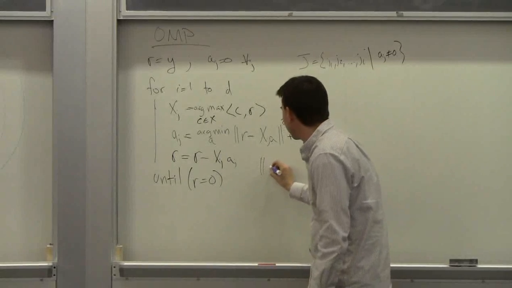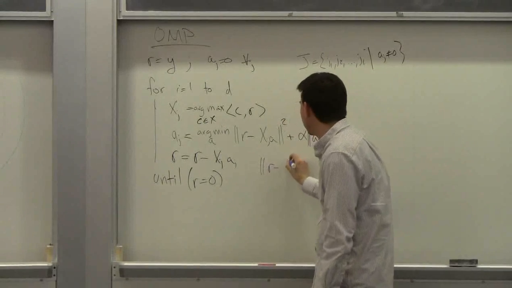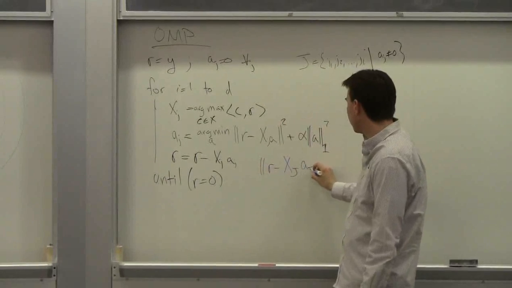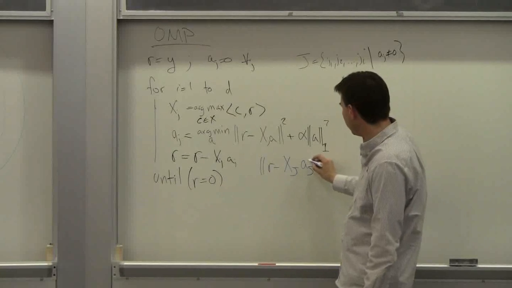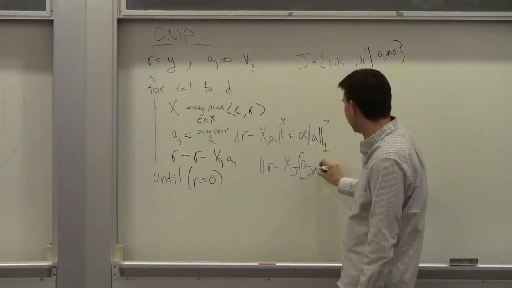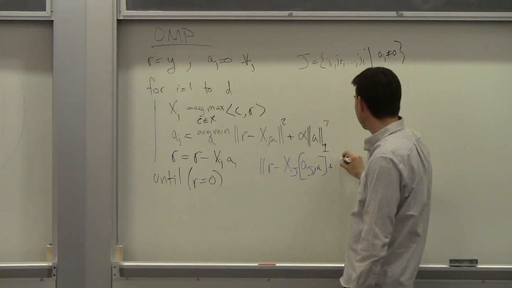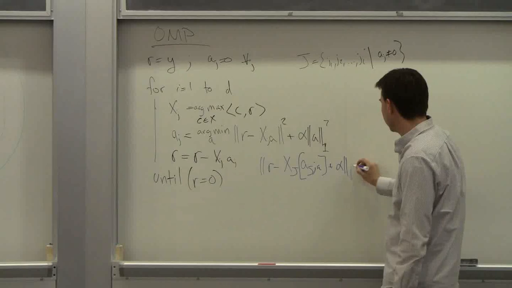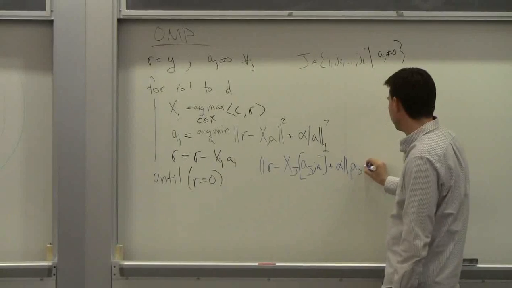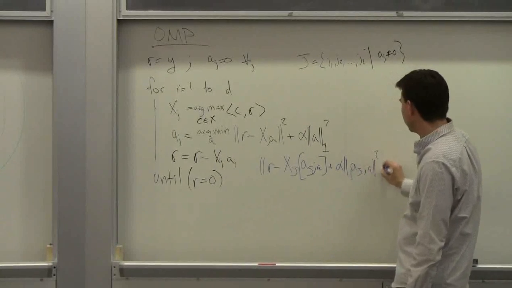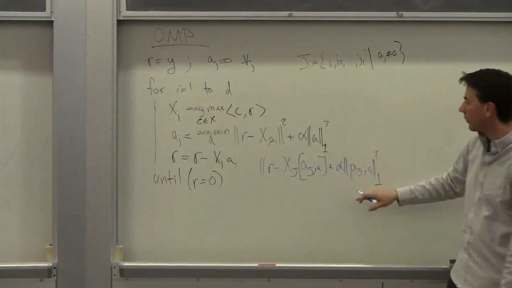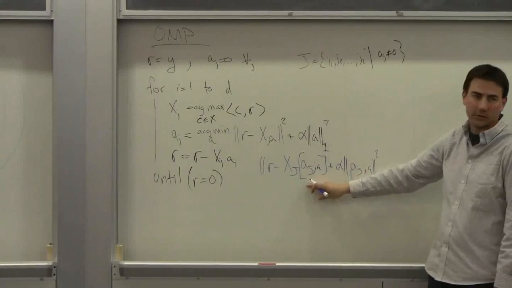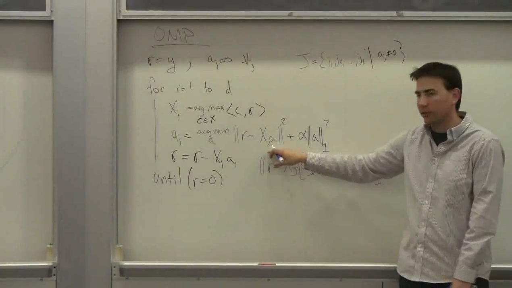I can do something like R minus Xj, where... So for all the ones where I know I have a non-zero, I can try and solve for this solution here, instead of just the newest one.